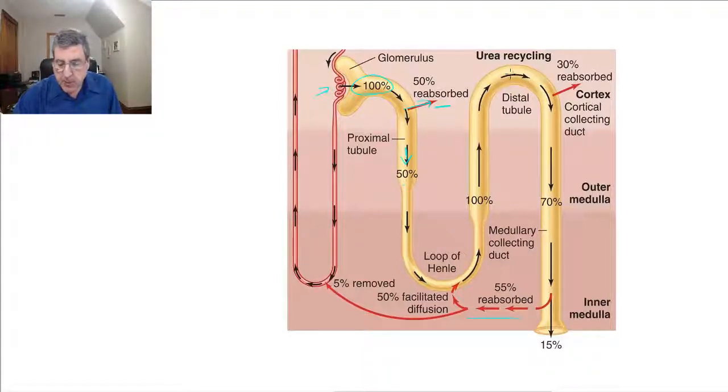Urea comes in. Then after the nephron loop, it gets into the distal convoluted tubule, which is impermeable to water. Then it gets into the collecting duct. As the urea gets into the collecting duct, some more is reabsorbed by the body. Don't worry about the numbers right now.